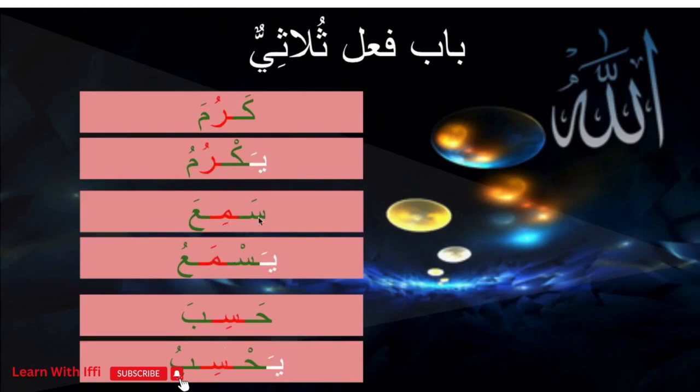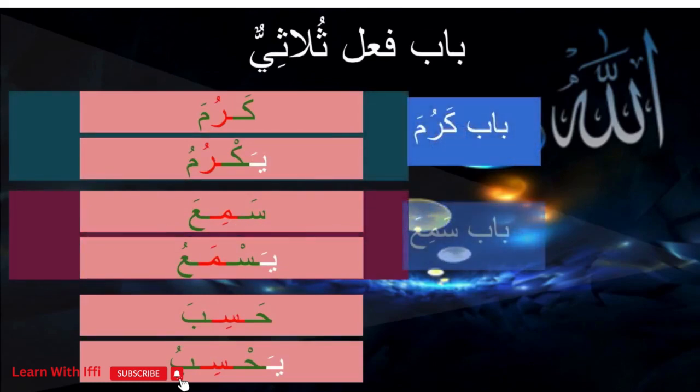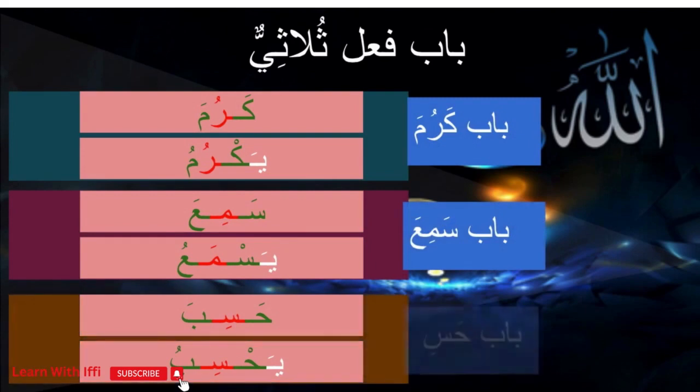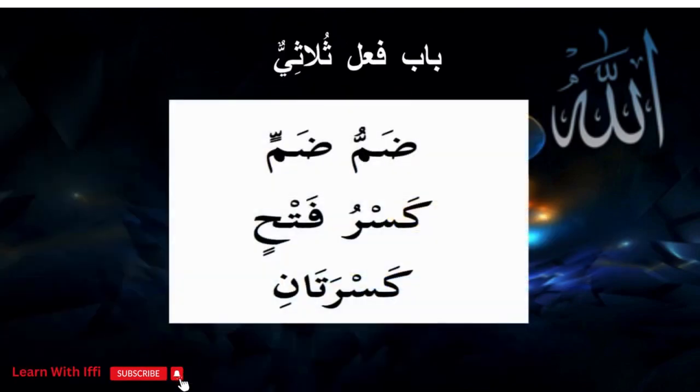The Kasra is not compatible with Dhamma, so there is no Dhamma in Mudariya when there is a Kasra in Madi. So these babs are called Bab Karuma, Bab Sami'a, and Bab Hasiba: Karuma Yakrumu, Sami'a Yasma'u, Hasiba Yahsibu. The poem for this section is Dammu Dammin, Kasru Fathin, and Kasratani.